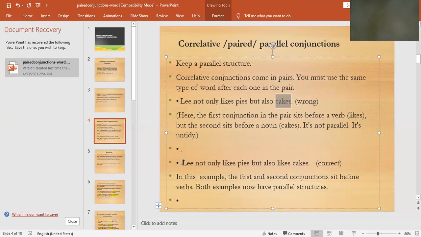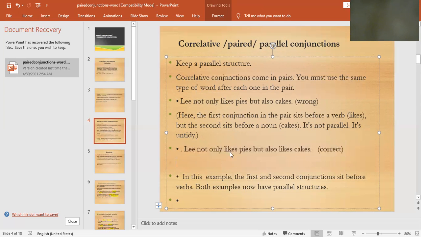Now the correct sentence is this one. Lee not only likes pies, but also likes cakes. Not only likes, but also likes. So similar items, or a similar part of speech, which is likes.